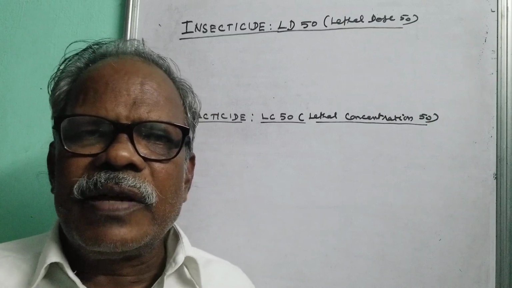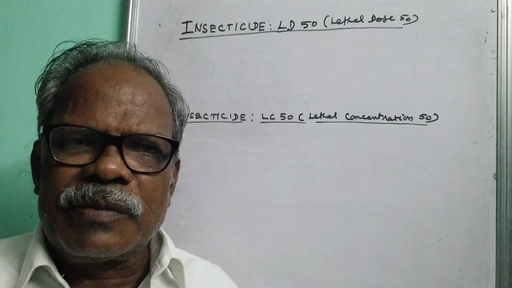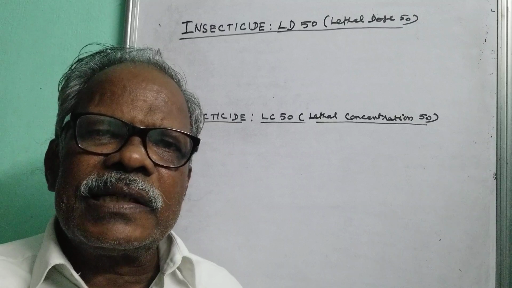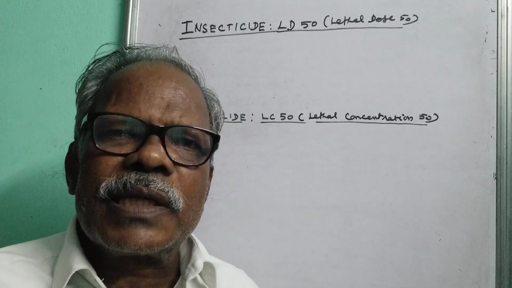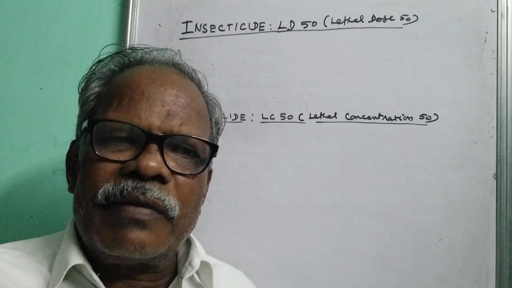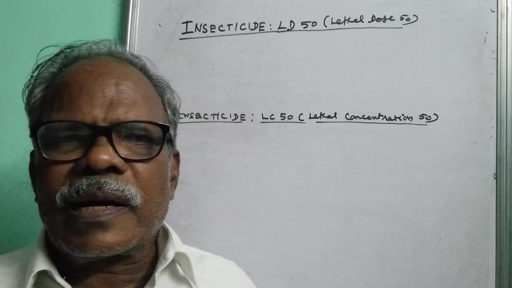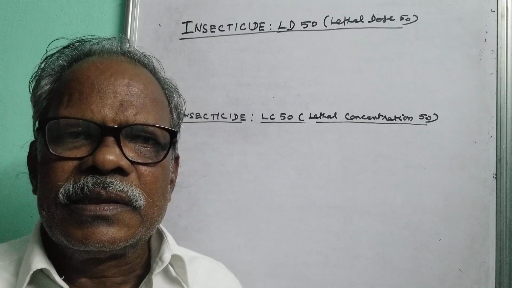LD50 is always measured as lethal dose: 50% of the test animals should be killed, for which the active ingredient is the prescribed dosage. It is always expressed in milligrams per 1000 grams of body weight.